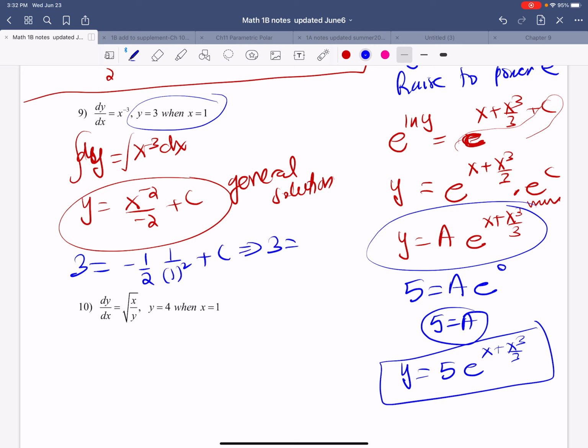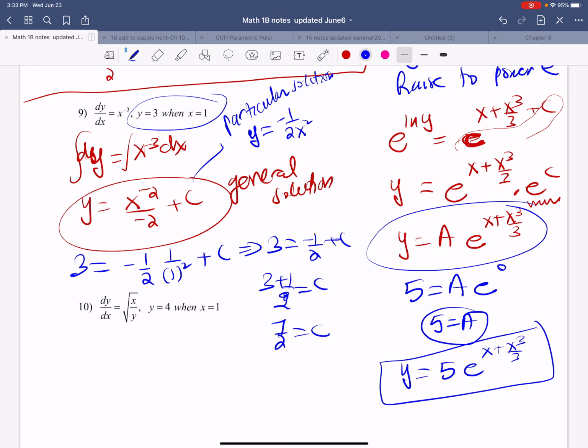So 3 is equal to negative 1/2 plus c. 3 plus half is equal to c, and 3 plus half is 7/2, so c is 7/2. So the particular solution is y is equal to negative 1 over 2x squared plus 7 over 2. This is the solution that passes through the given point.